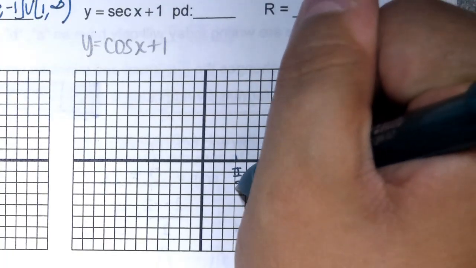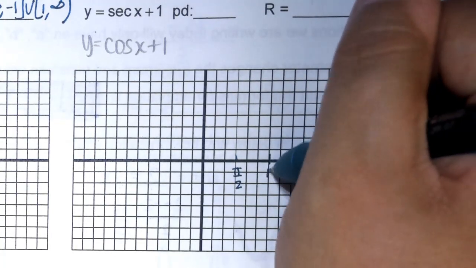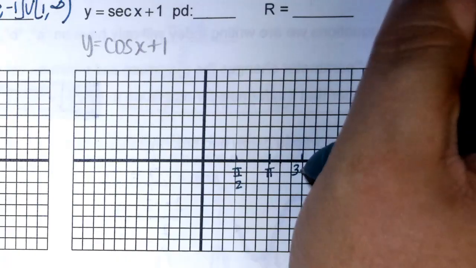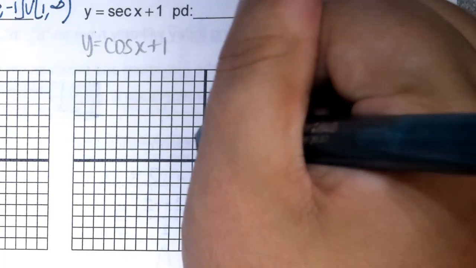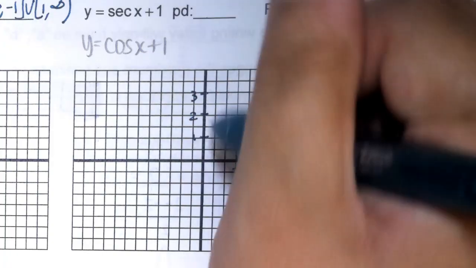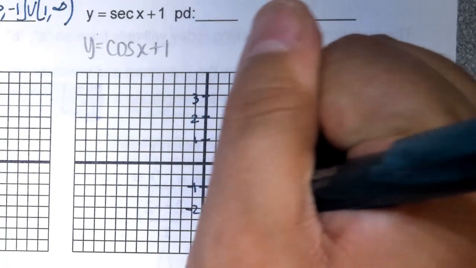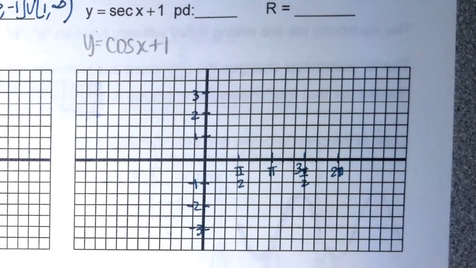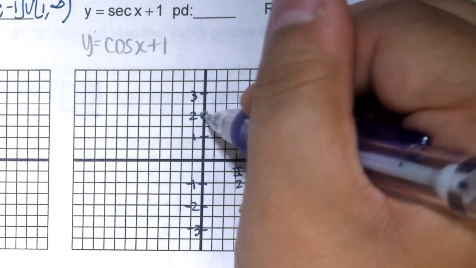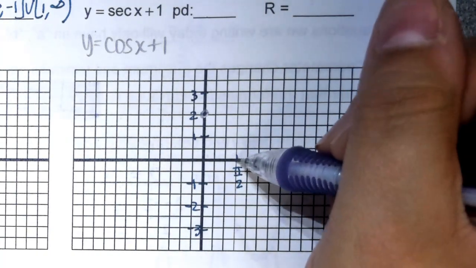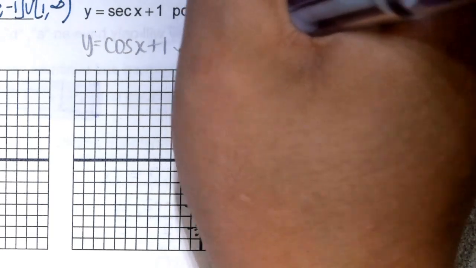So can everybody please graph cosine of x plus 1 and then stop? And remember, going up 1, what are you actually doing? Go up 2 squares.